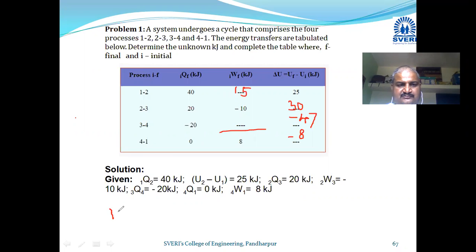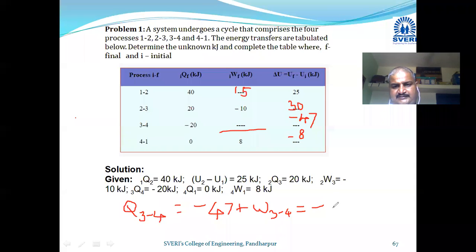Okay, so Q 3 to 4 is equal to delta U, which is minus 47, plus W 3 to 4. This Q 3 to 4 is minus 20.